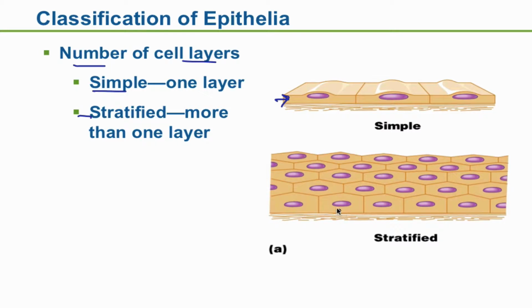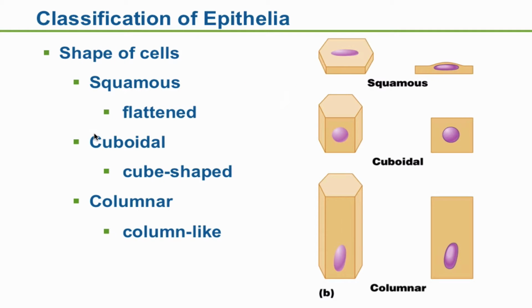So the number of cells, or at least the number of cell layers, is the first way that epithelial tissue is classified. The second classification is by the shape of the cell. So this is the second way. Squamous refers to flattened cells. So if a cell is flattened in appearance, then it's squamous.